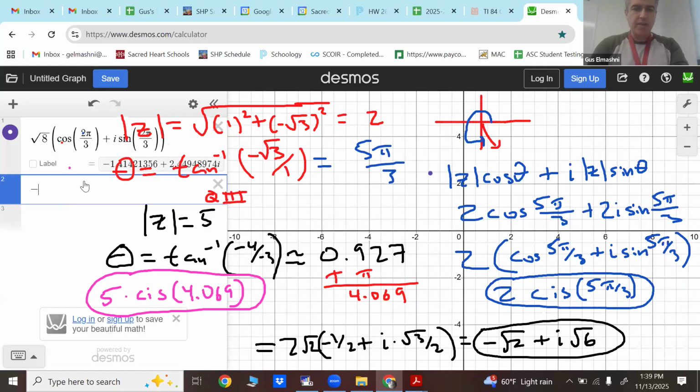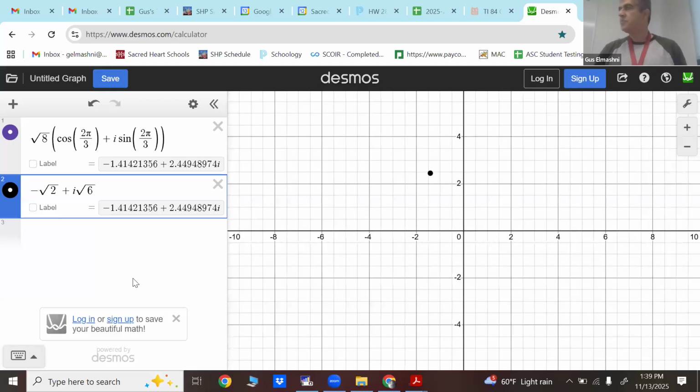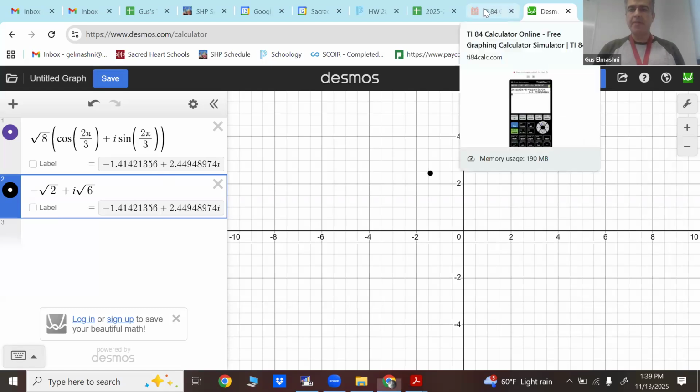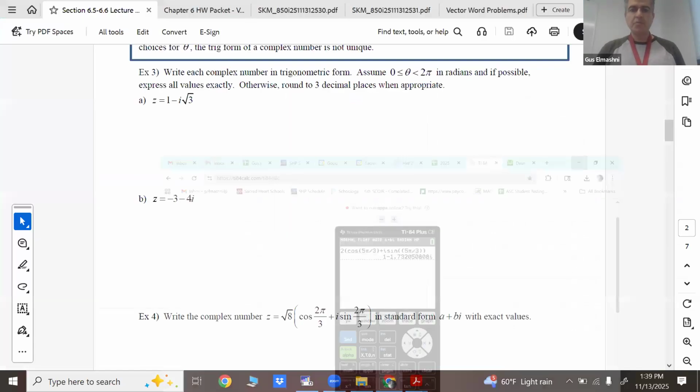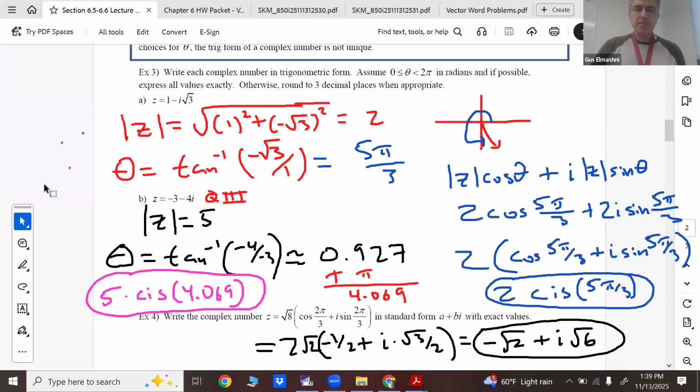And if I do negative root 2 plus square root 6 i, you get the same thing. So you can also verify your work here. And most likely I'll probably allow Desmos again. Okay, so we're cool with examples 3 and 4.